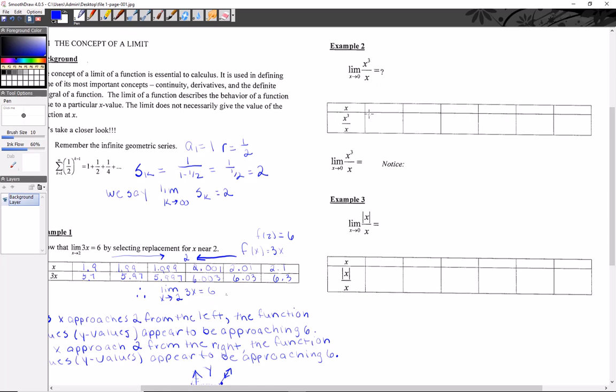So let's approach 0 and see what happens. So we'll put in a negative 0.1. That's pretty close. And if we put that in here, it's a negative 1 over negative 1, which is 1. And then let's get a little closer to 0, so negative 0.01. And that'll give us 0.0001.